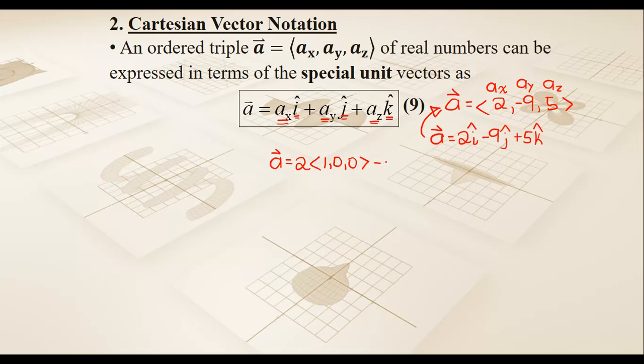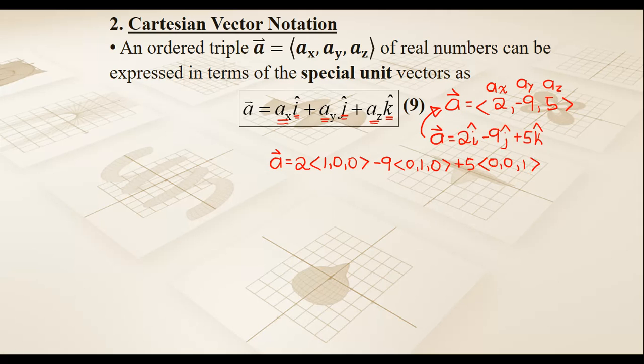Then we subtract 9 times the special unit vector j, which is 0, 1, 0. And then we add 5 times the special unit vector k, which is 0, 0, 1.